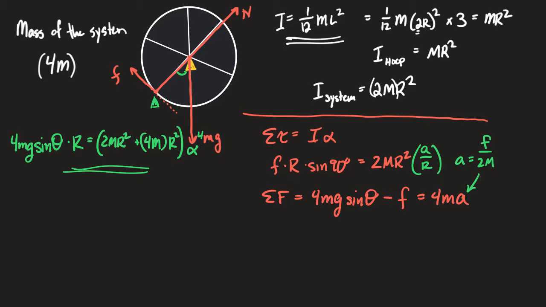So that I'll get 4mg sine theta minus friction equals, when I substitute in there, 2 times friction, which tells me that the frictional force is going to equal 4mg sine theta divided by 3.